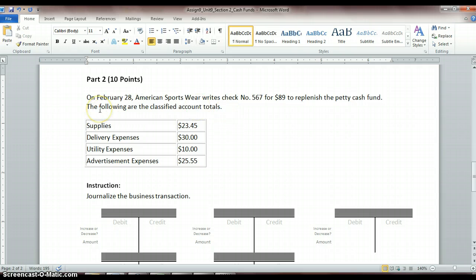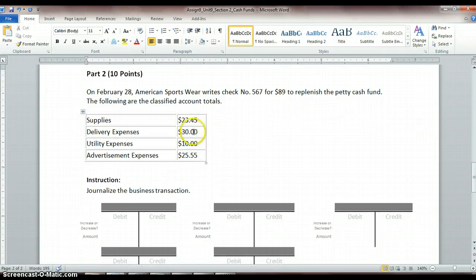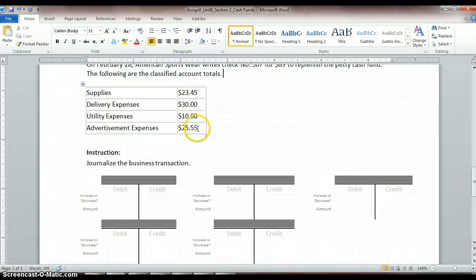So here we have already paid these out with our petty cash. Now we're going to replenish our petty cash fund. On February 28th, American Sportswear writes a check for $89 to replenish the petty cash fund. The following are the classified account totals. These are all the accounts that our petty cash paid for.